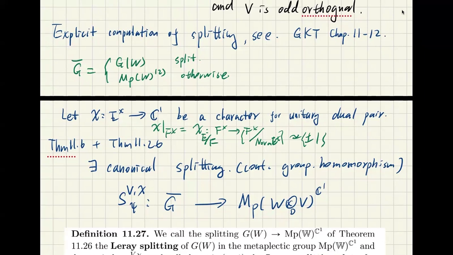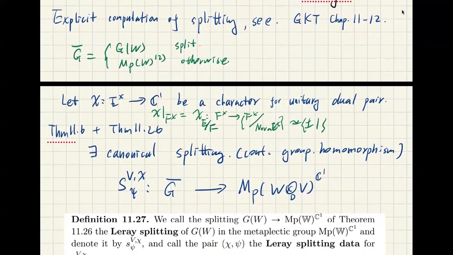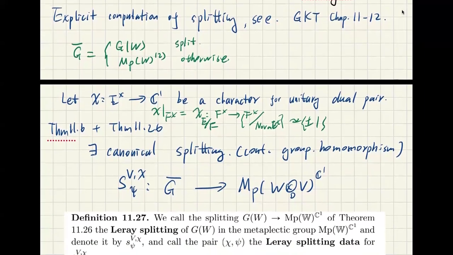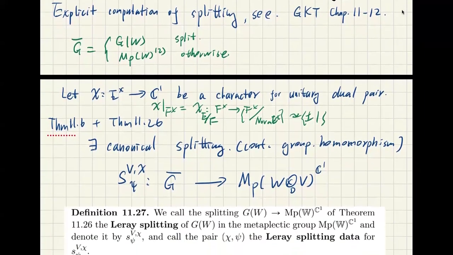This chi is a part of the data if you want to split the action for the unitary dual pair. But in general, you just take it to be a trivial character.